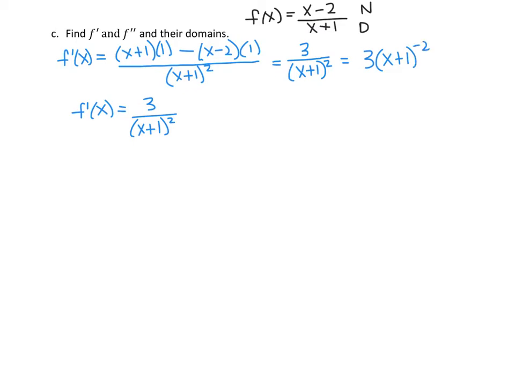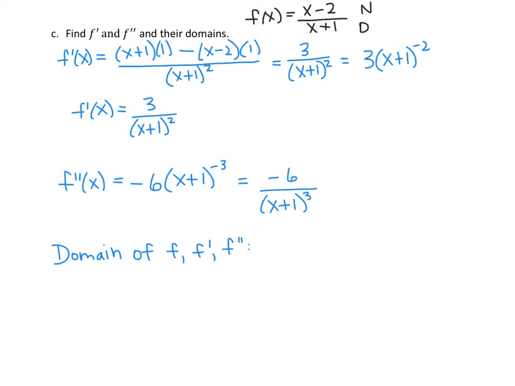This will allow me to use the power rule to find the second derivative. So f double prime of x, bringing the -2 out in front, is going to be -6 times (x + 1), and then subtract 1 from the exponent. So our second derivative is -6 divided by (x + 1) cubed.